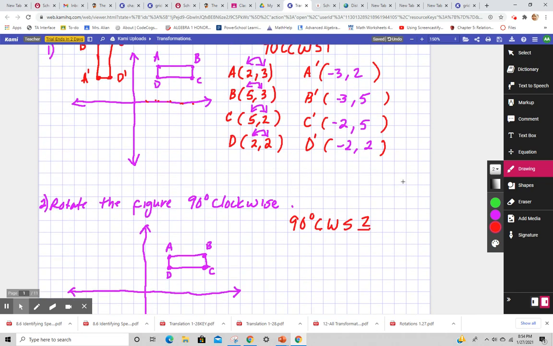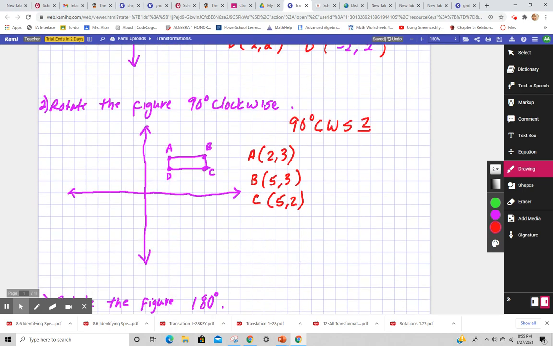Again, let me copy them from here. A is located at 2, 3 because it's the same figure. B is located at 5, 3. C is located at 5, 2. And D is located at 2, 2.